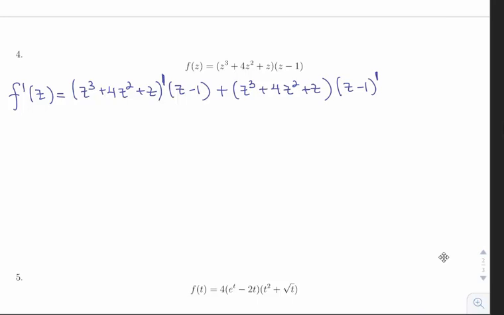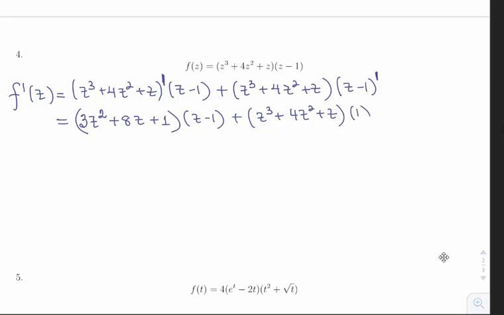Okay, the derivative of the first one is 3z squared plus 8z plus 1. Z minus 1, that doesn't change. Okay, plus what? This function doesn't change. The derivative of z minus 1, that's just 1.